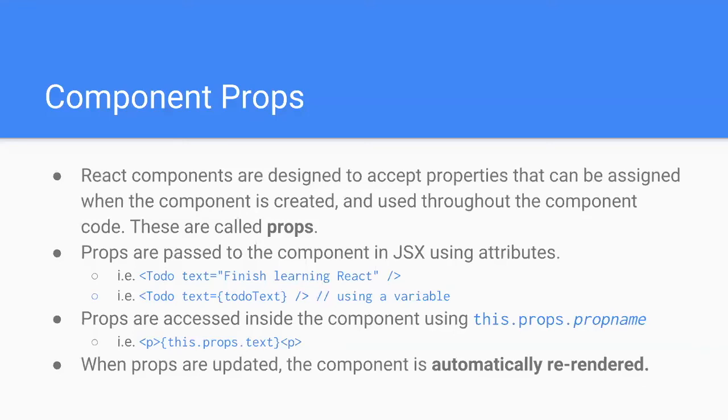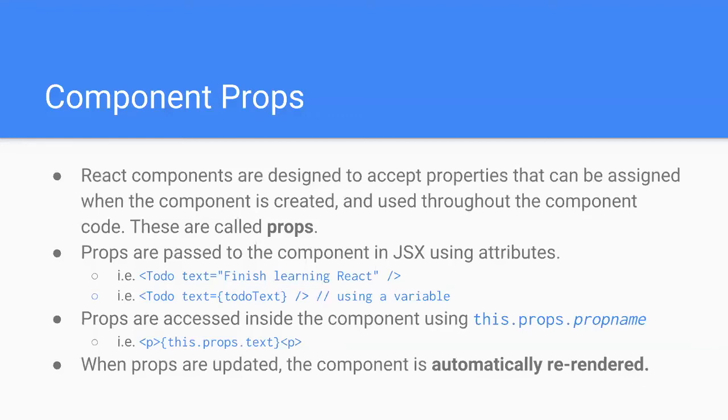We pass them in JSX using attributes. Here, for instance, we've got a Todo component that we're instantiating, and we can pass a text prop using an attribute. With HTML, we have certain attributes that we use, like ID and class. With JSX, we can use any attribute we want to indicate a certain property to create those props.